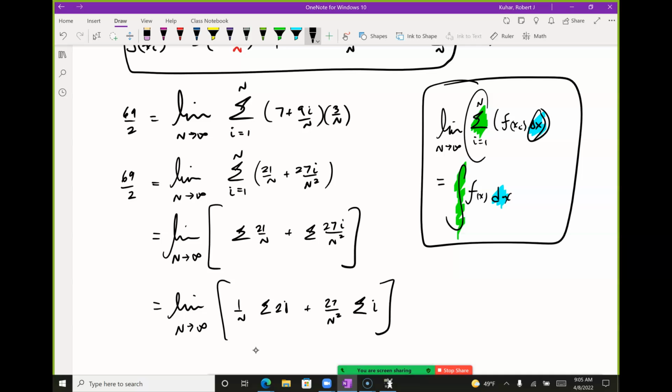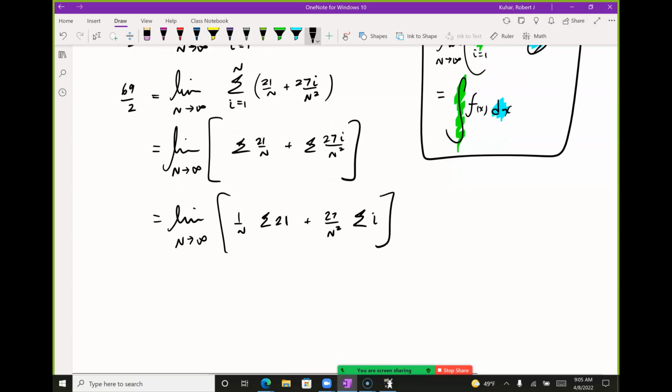That's a 21. But I have a series for the sum of 21, right? If I add up 21 n times, yes? If I add up 21 n times, I get 21n.